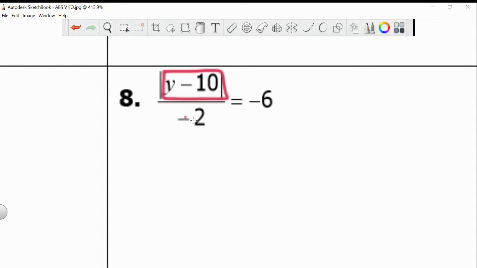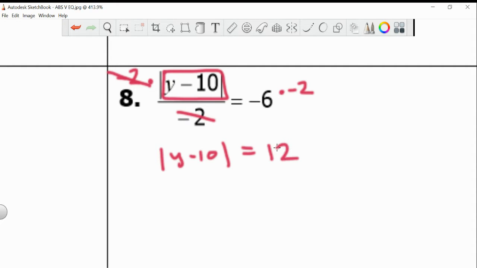So how do you do the opposite of divide? You multiply by negative 2. So we would multiply by negative 2, and we would get the absolute value of y minus 10. Now we've isolated it. These two things have canceled out. And over here, we get positive 12.